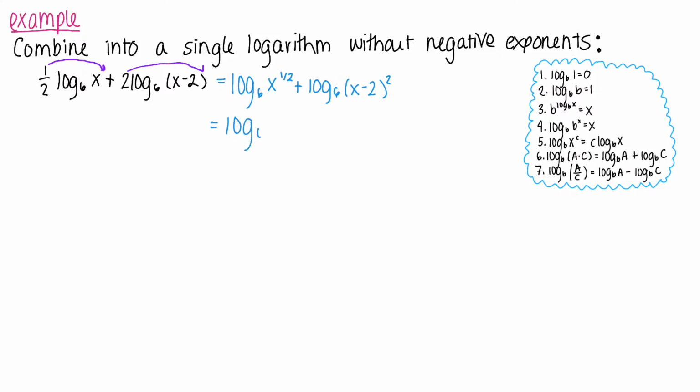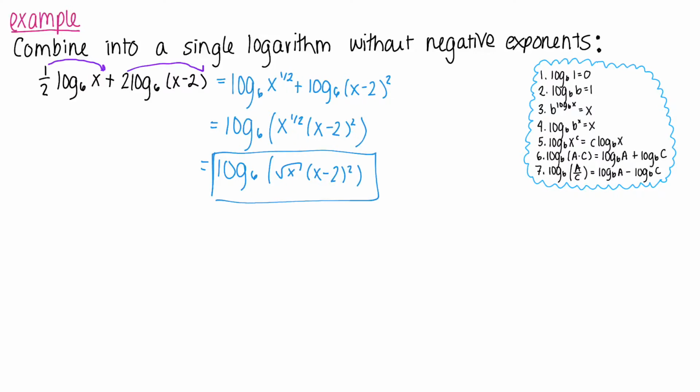And they have the same base, which is important. So log base 6 of x to the 1/2 times (x minus 2) quantity squared. And that's about as combined as it can go. If you wanted to be really fancy, you could change this x to the 1/2 into the square root of x, just to show off your math skills a little bit. But that would be our answer.